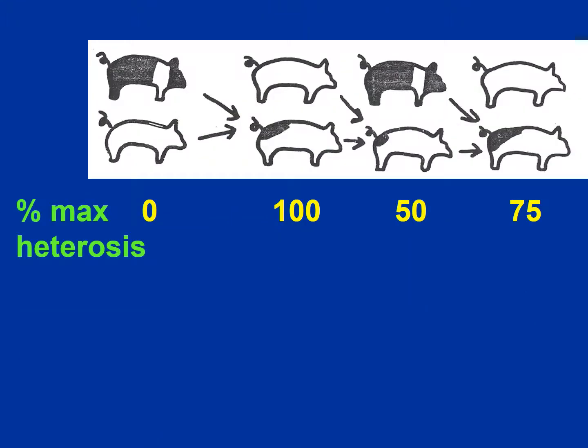So as we start a two-breed rotational crossing system, the percent available heterosis is going to jump around a little. We started out with 2 purebreds, and then we had the offspring here that were 100% available heterosis, then 50%, then 75%, and then it's going to kind of vary up and down a little bit.